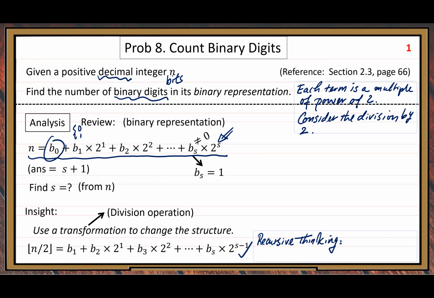Original problem here. Then after transformation, we get this problem, different from the original problem but closely related, and we treat it as a subproblem, because the problem size is smaller, approximately 1/2 of the original size.